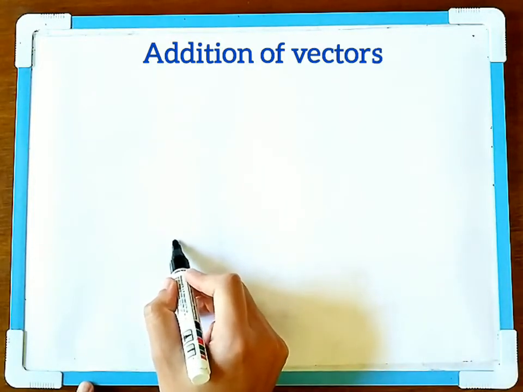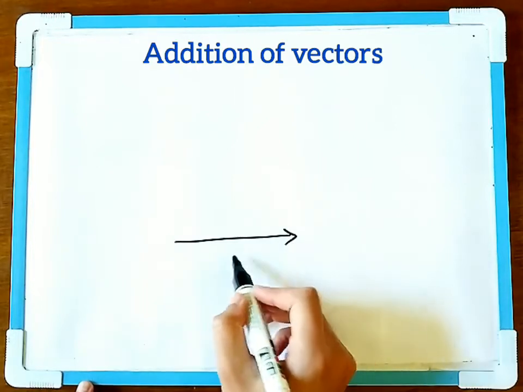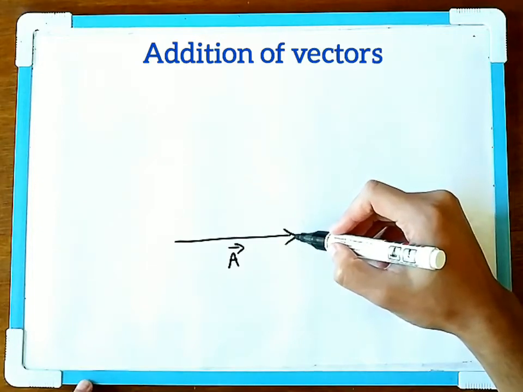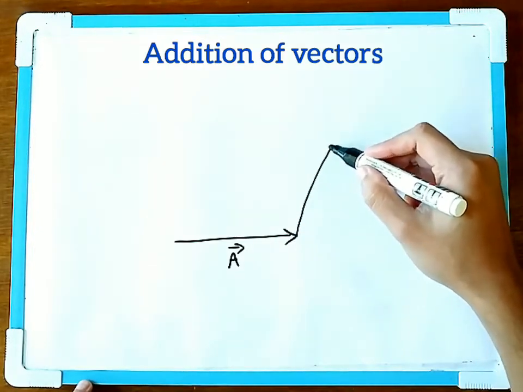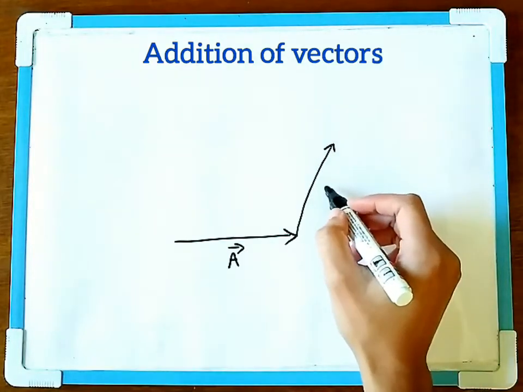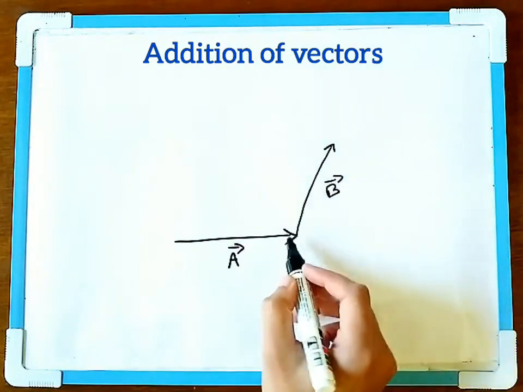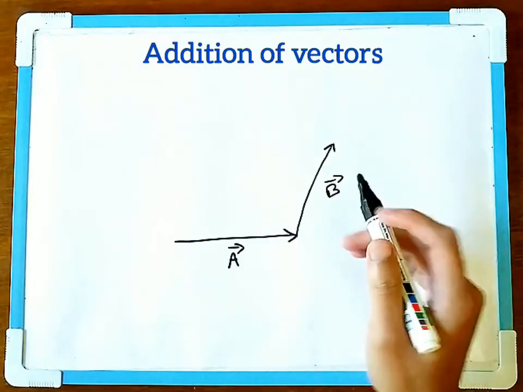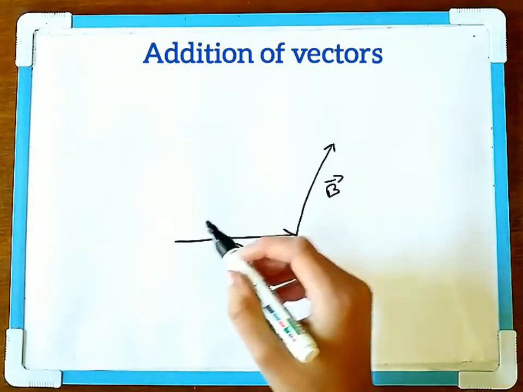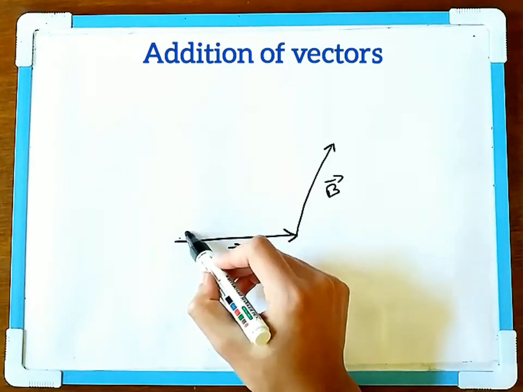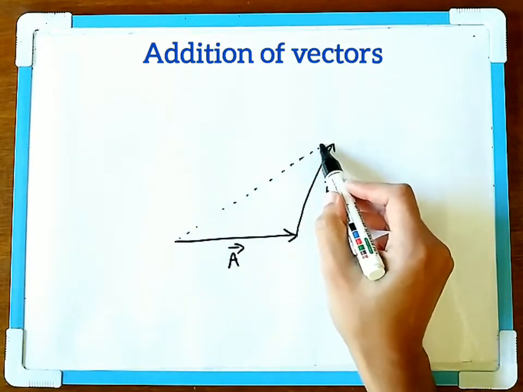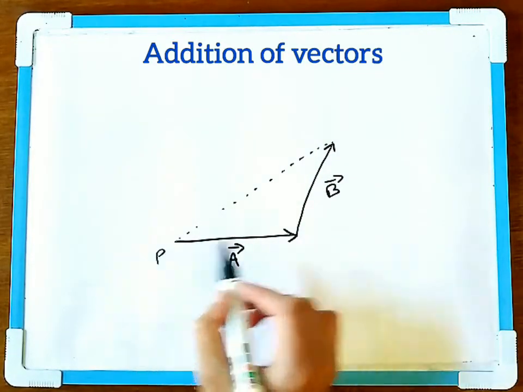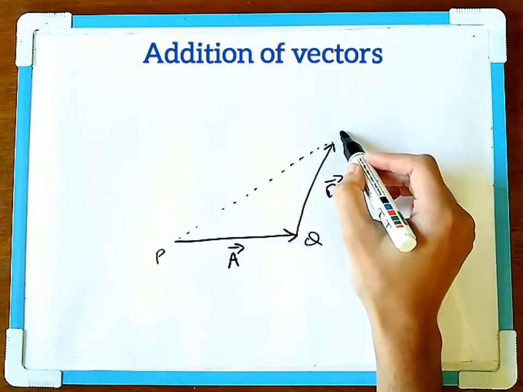So if we have two vectors, say A and B, and these vectors can be represented by the triangle. So we have A vector and B vector. So these, say, are the sides of this triangle PQR.